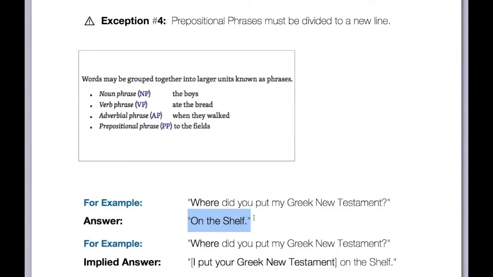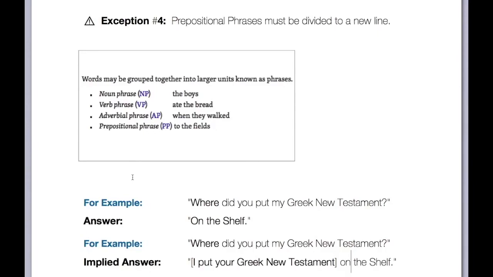It's actually a sentence fragment, unless I understand that the answer to the question, where did you put my Greek New Testament, carries over that verbal action of putting the book away, and it has the implied verb put within the answer itself. The implied verb is, I put your Greek New Testament, and then the prepositional phrase, on the shelf. So you can treat these like they have implied verbs.